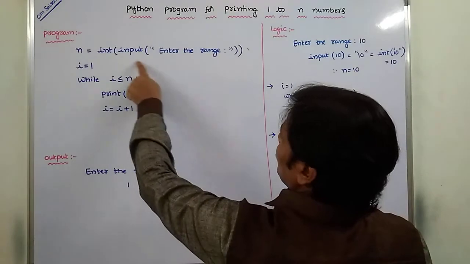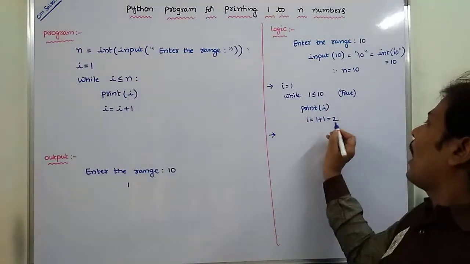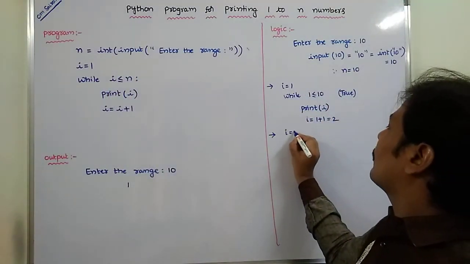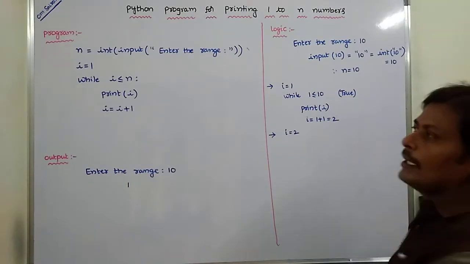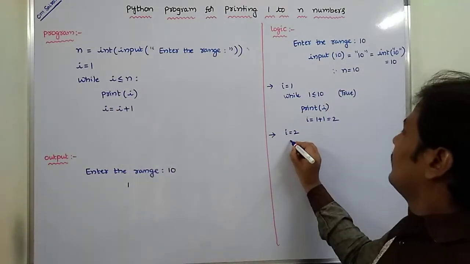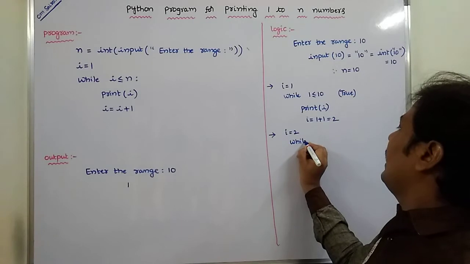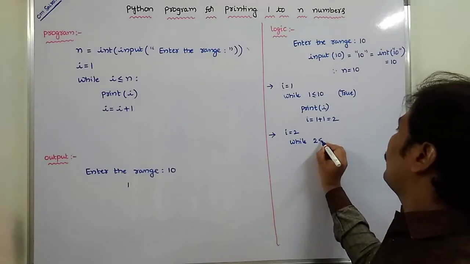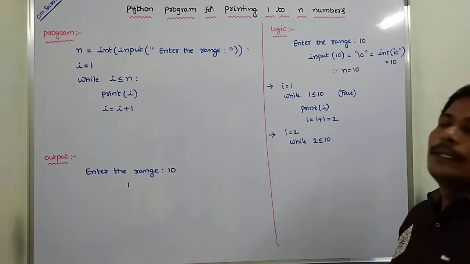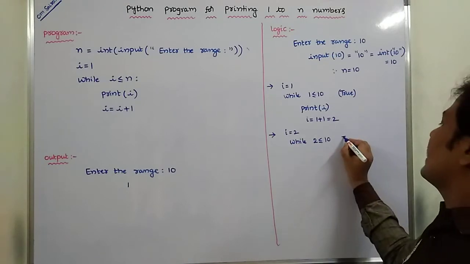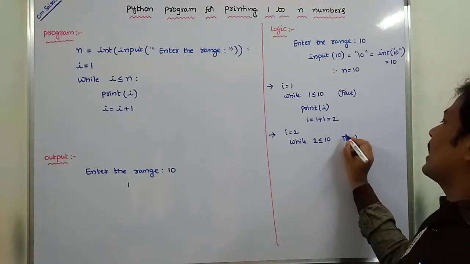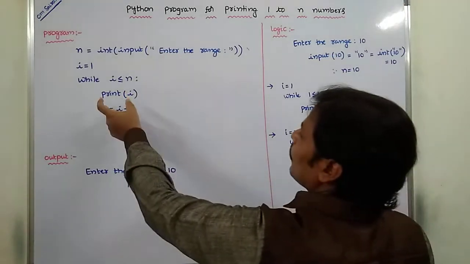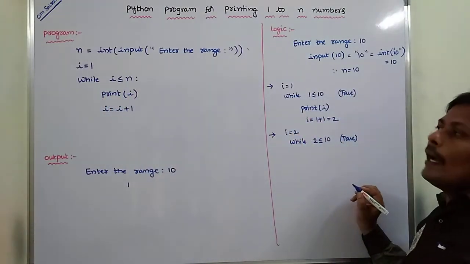Again control goes to the while loop. Now i is equal to 2. Then while i value 2 less than or equal to 10, that is condition true. If the condition is true, the control goes to the body of the while loop.